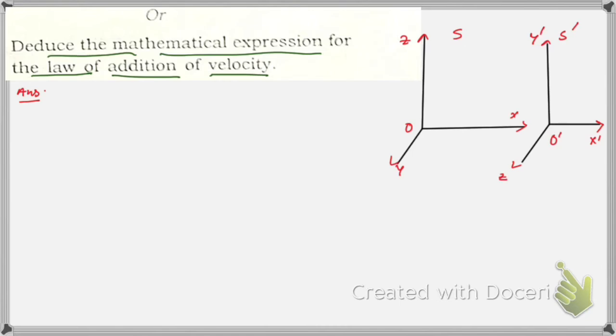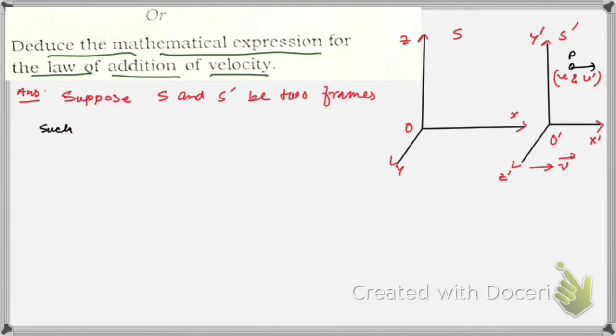Suppose we have a particle P, and it's moving with velocity u with respect to the frame S, and u dash with respect to S dash, and this frame S dash is moving along the x-axis with constant velocity v, suppose.